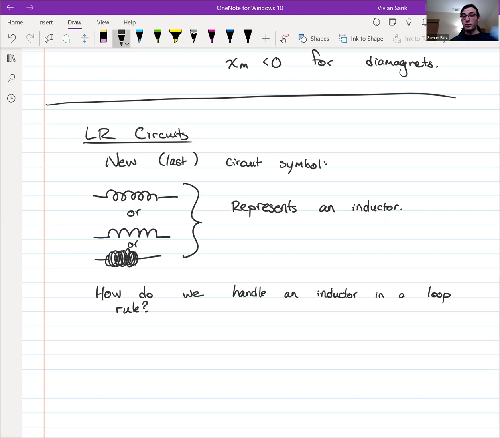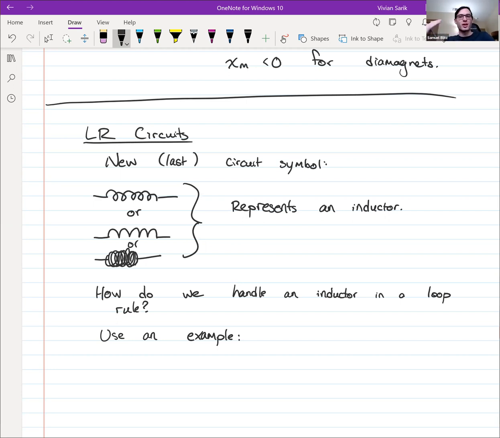The way we're going to do this is the way we figure out a lot of things. We're going to use an example. For a lot of these, you have to determine which side of the inductor is positive and which is negative just from thinking about the circuit, just like for a capacitor. If the capacitor starts out empty, how do you know which side is going to be positive and negative, which will affect whether you add or subtract Q over C?